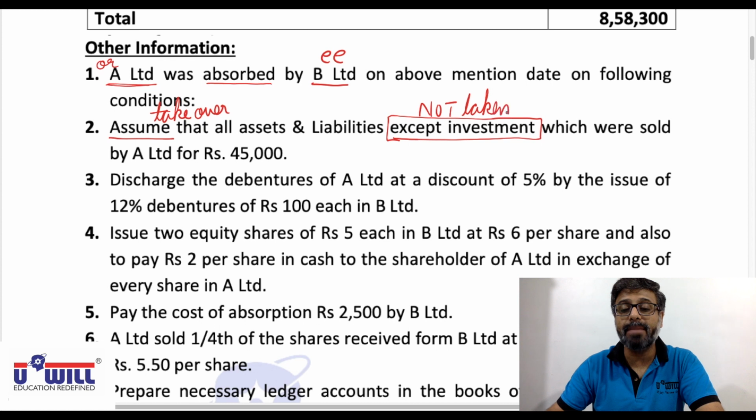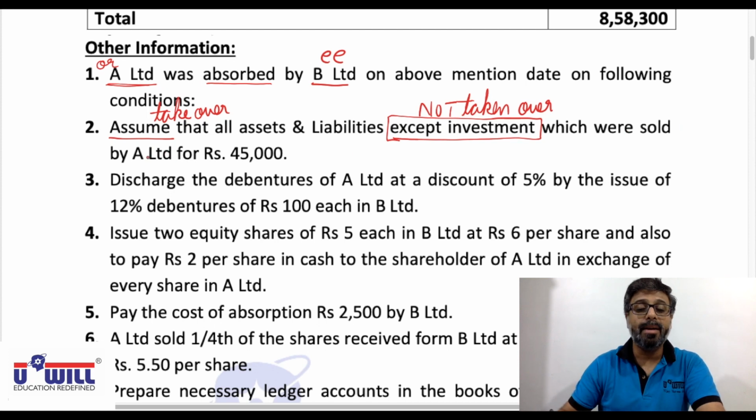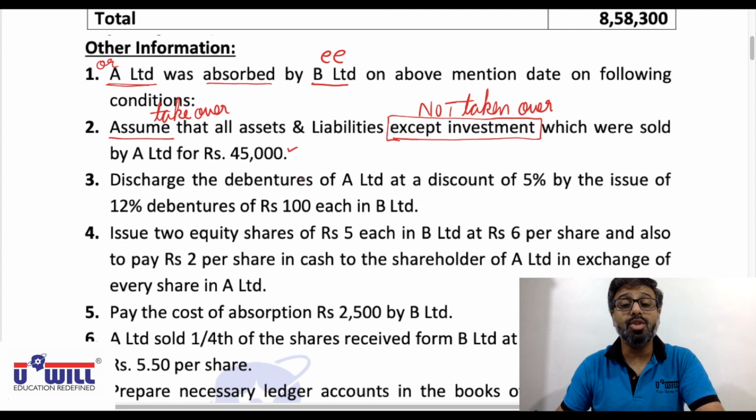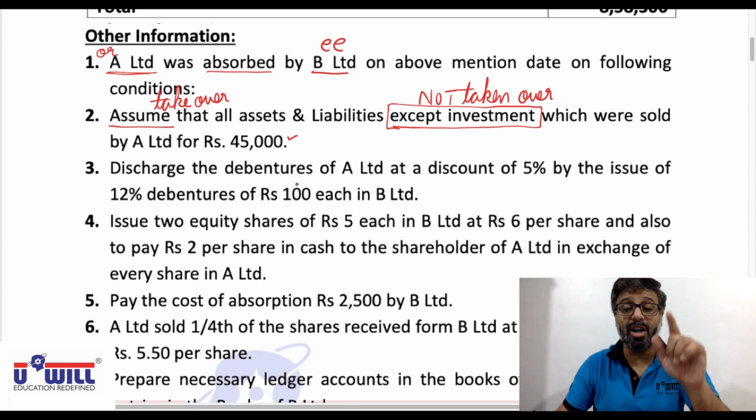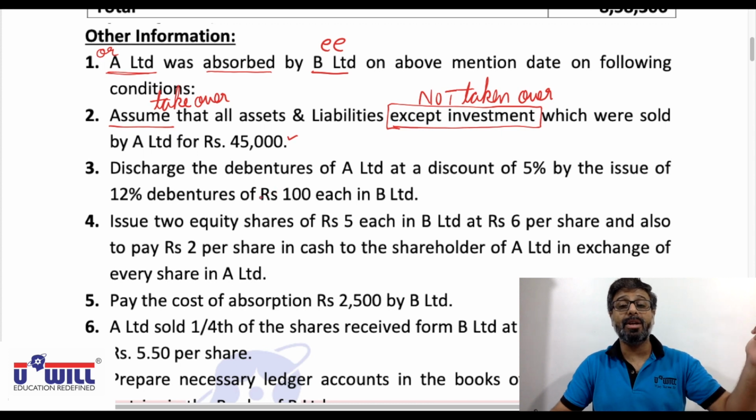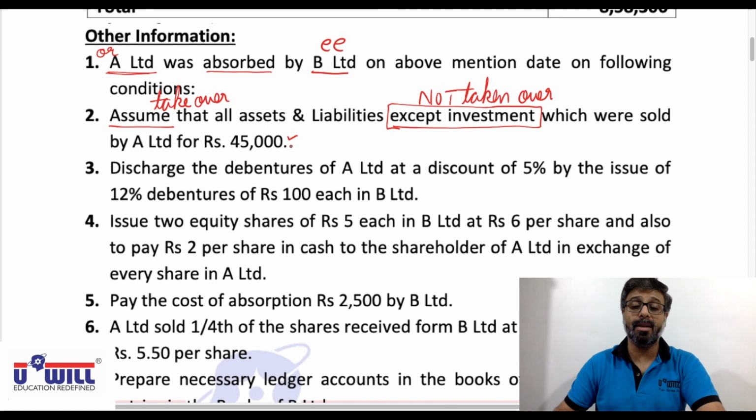Except investment means the investment asset is not taken over, which was sold by A Limited itself, the transferor company itself, for rupees 45,000. So in this question, for the first time in this chapter, we will have that entry of sale of assets also in the books of the transferor company.